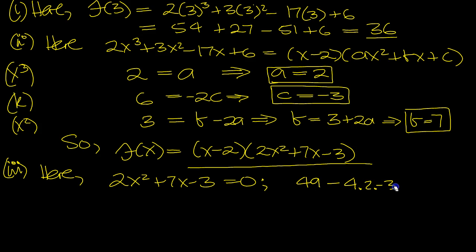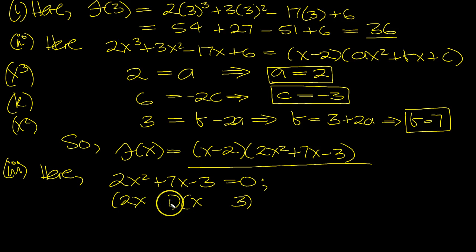It looks like it's going to be okay to factorize. So let's see if we can factorize it then. 2x, x. Let's try 3 and 1. But is that going to work? Yes, it's not going to work there.